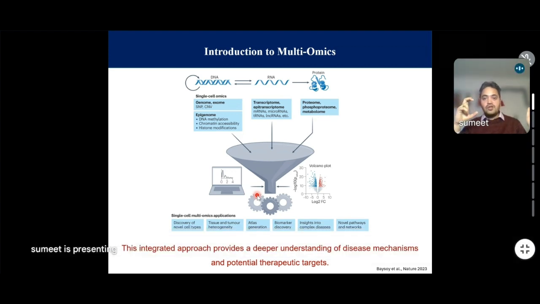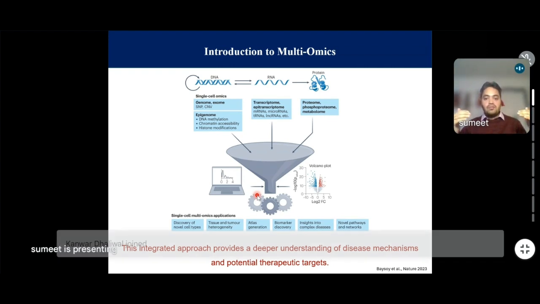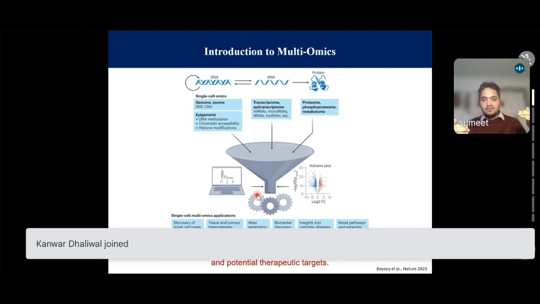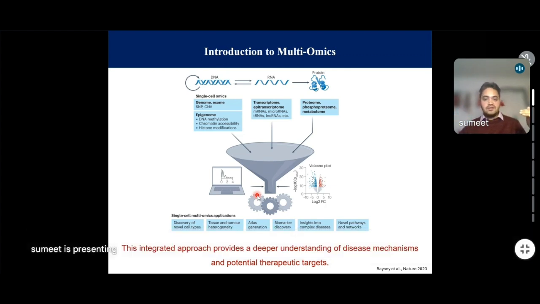So omics is looking at different layers of information in an untargeted manner to have the maximum confidence about a particular disease or a particular pathway or particular cell types, and then to take much better informed decisions for your downstream analysis. For example, here what you can see is we have DNA, and this is the central dogma of life.